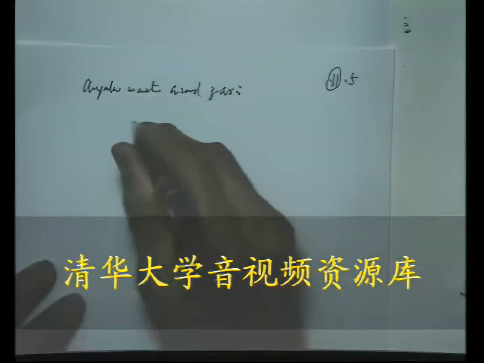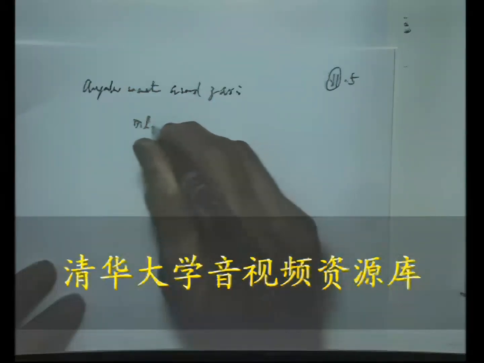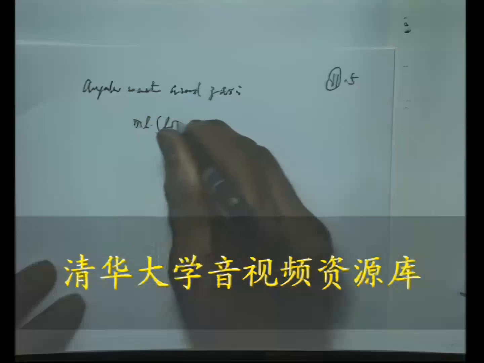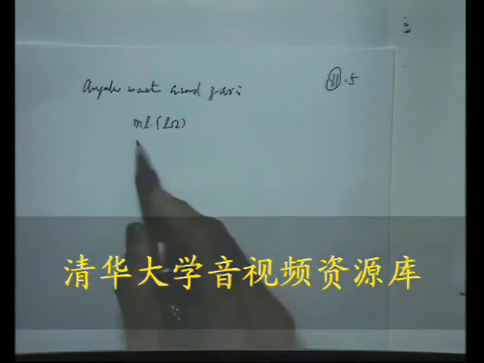It is equal to m l times l omega. l omega is the velocity. The angular momentum is m times r times the velocity, so it's equal to this.